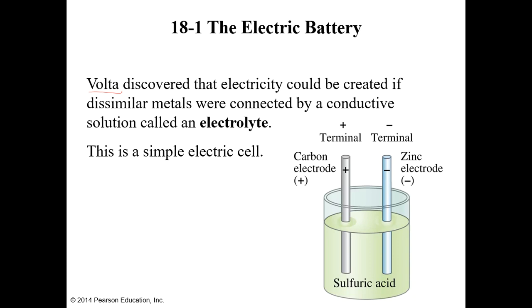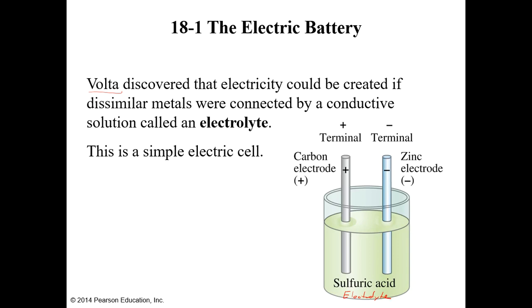Now, this picture here does depict what's going on. Here you have a jar full of sulfuric acid. This is our electrolyte. Now, inside of this electrolyte, you take two metals and put them in the sulfuric acid.